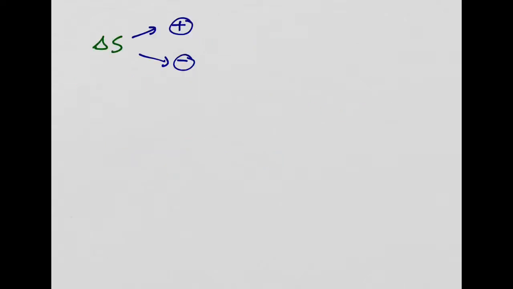Here, for delta S, the positive is favored. Now, let's go over exactly what does this mean, measure of disorder. What does this positive, negative mean? Let's do an example.